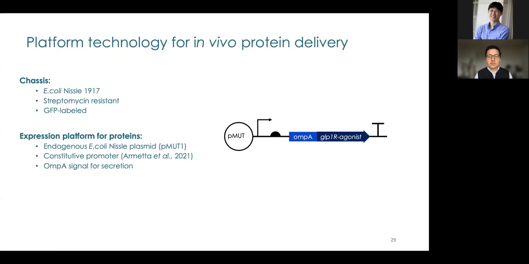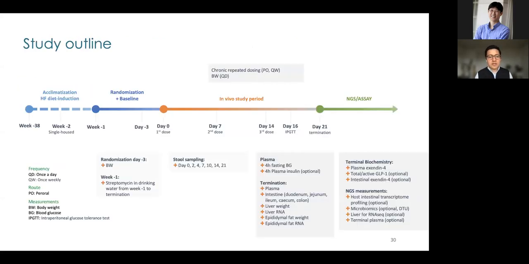So we constructed this agonist, and we tested them in diet-induced obese mice, and gave 3 doses of these bacteria daily, and we followed the body weight, and we did a glucose tolerance test at the end of the study to determine if the glucose metabolism was improved in these obese mice.